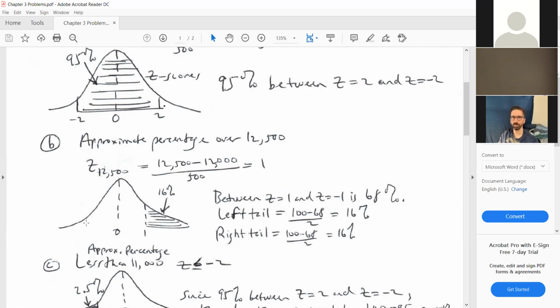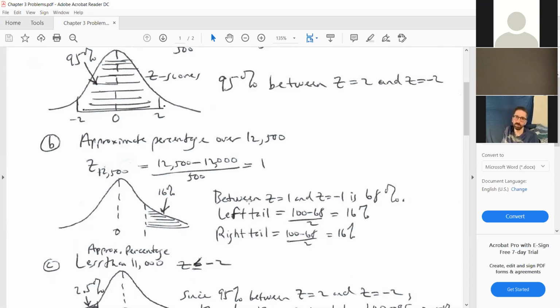So if I had a -1 over here, the area in between -1 and 1 would be 68%. But because of symmetry, there's 32% left. Half of it's going to be to the right, and half to the left. And half of 32 is 16%. That's where I got 16%.